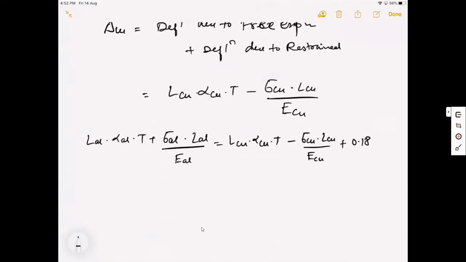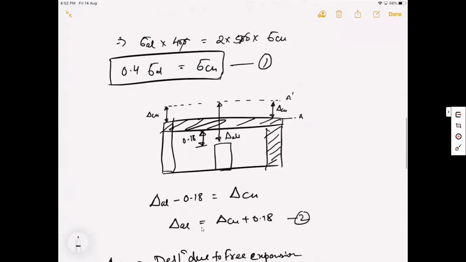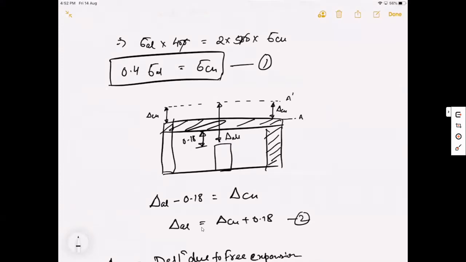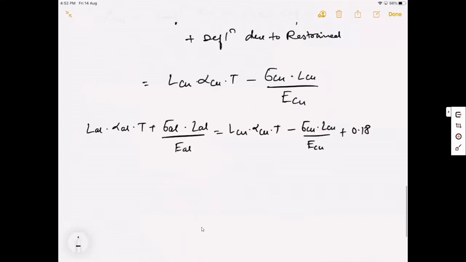Now if you see this equation, we have two unknowns, sigma aluminium and sigma copper. But we have one relationship among them, that is sigma copper is equal to 0.4 times sigma aluminium, from equation 1.